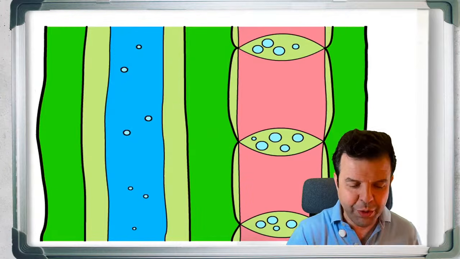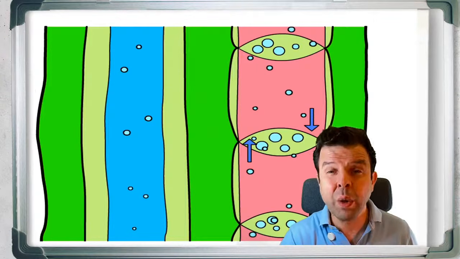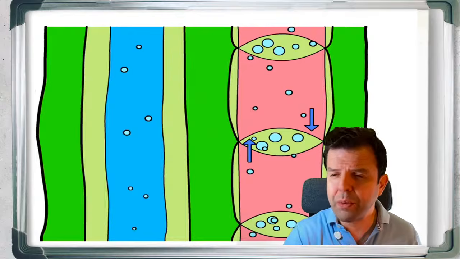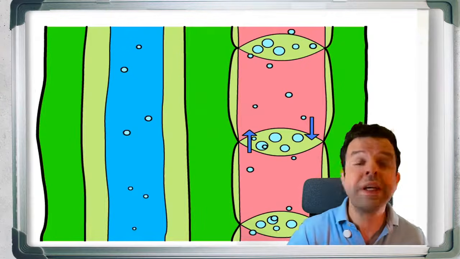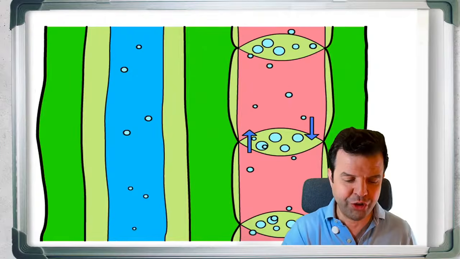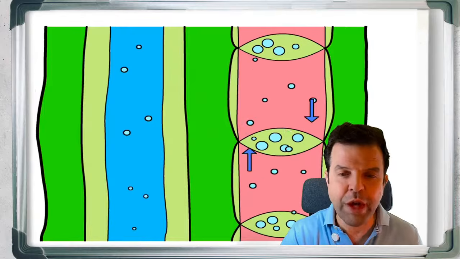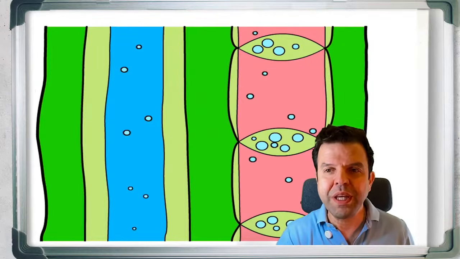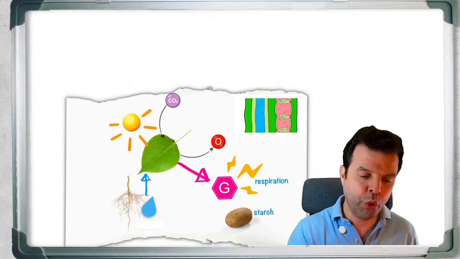Translocation. So they could be translocated as not glucose. You guys still remember what we call the sugar to be translocated? Not glucose, definitely not starch. Do you know what it is? It is sucrose. So if it's that sugar to be transported around, it's going to be called sucrose.